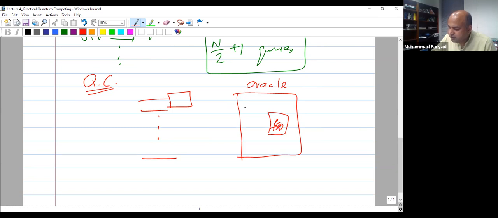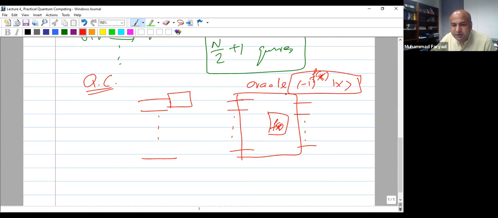And this oracle works in such a way that whatever is the input of this oracle, it just multiplies -1 raised to the power f of x with the input and gives the output. So if the input is some x state, it multiplies -1 raised to power f of x and gives it at the output. I'll explain much more about this oracle shortly.